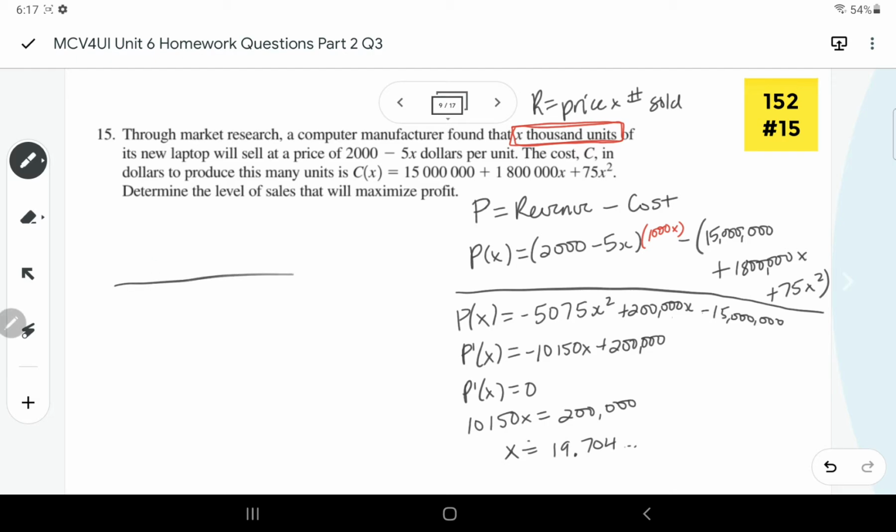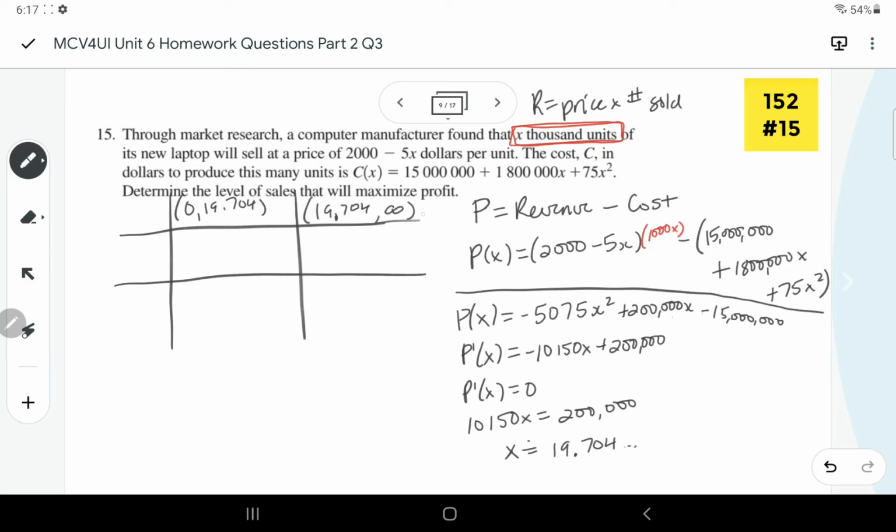And again, you could double check between, say, 0 and 19.704, and between 19.704 and infinity. The derivative of profit is going to be positive for x values less than that 19.704.